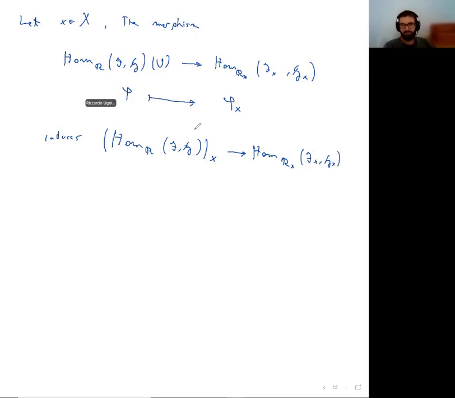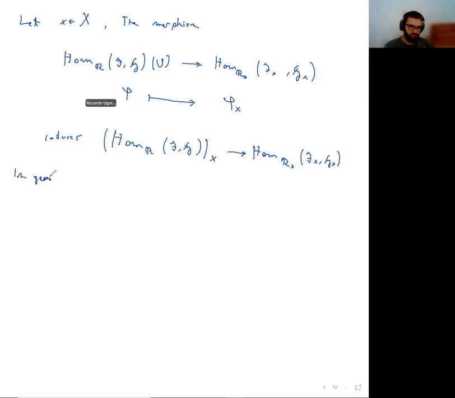So the stalk of these sheaves has a morphism into this object, which is just a homomorphism of R_x modules, so in particular an R_x module itself. And you would like something nice about this map, right? For instance, that it's an isomorphism.